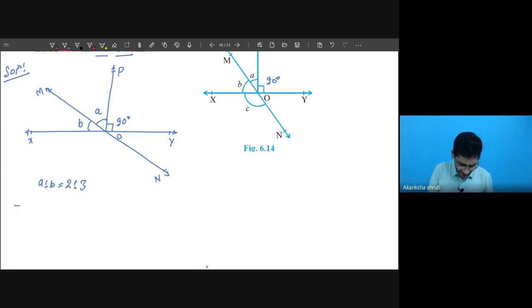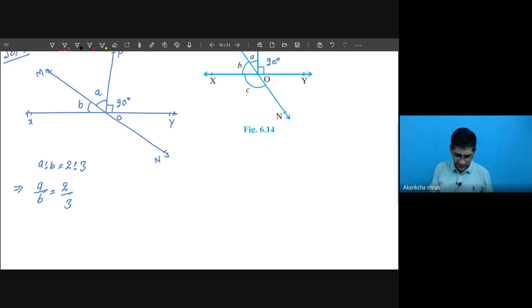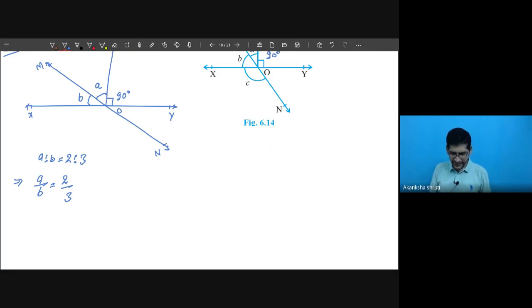It simply means A by B is equal to 2/3. But what could be the exact value of A and the exact value of B? Can anyone tell me, students? A by B means it is the ratio, which is 2/3.